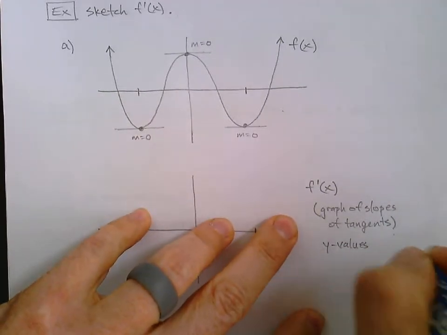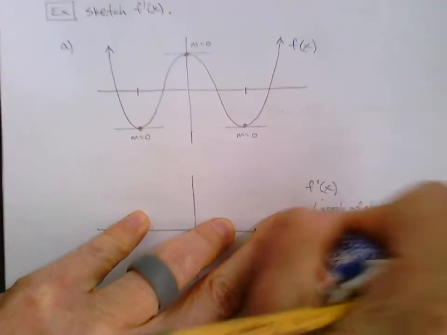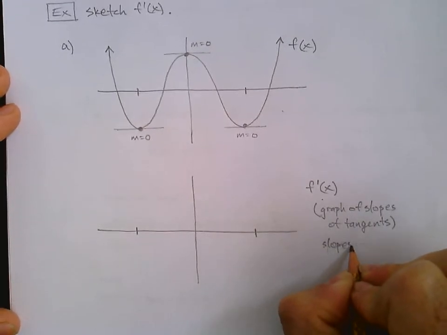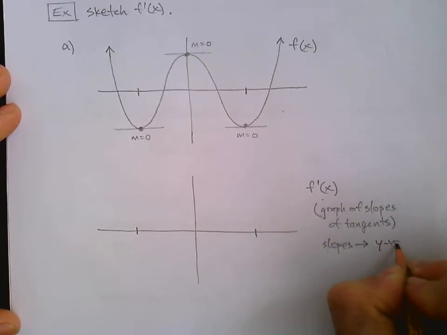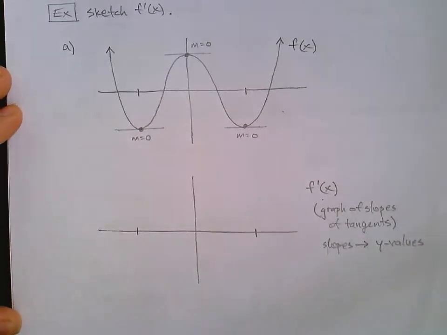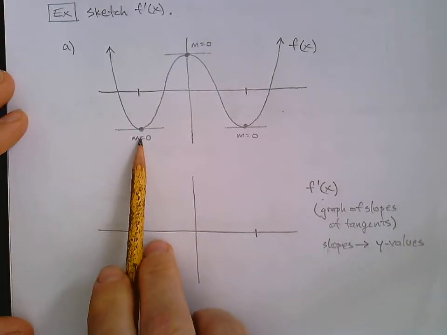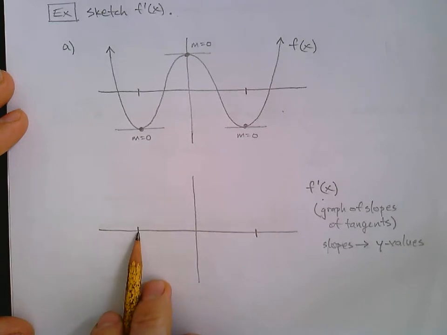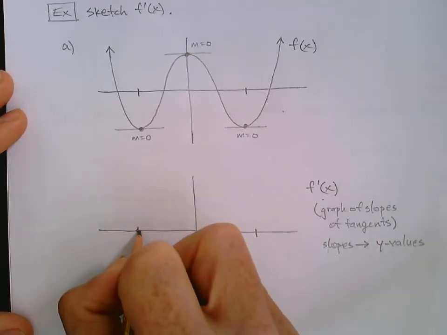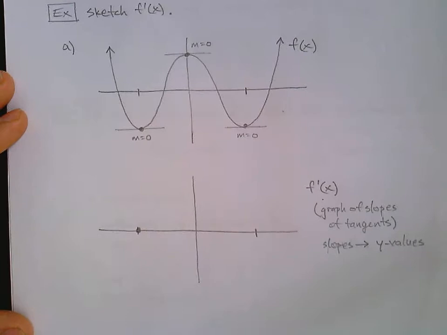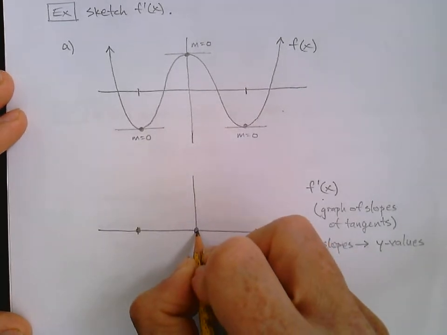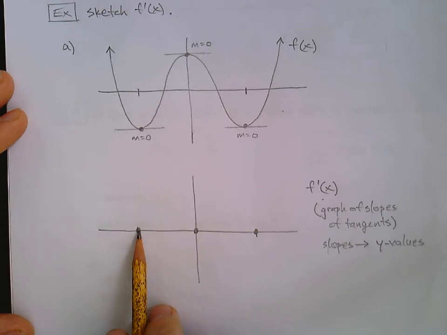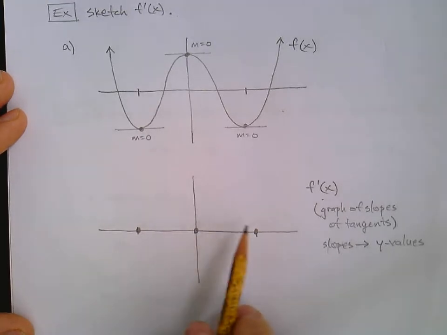The slopes become the y values, the function values. So we said the slope is 0 here, 0 here, 0 here. So if the slope is 0, then that's my y value, 0. And that's true here at the middle as well, and on this point. So we know the derivative passes through 0 here, here, and here.